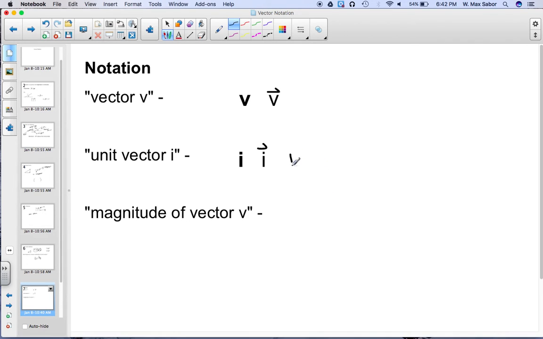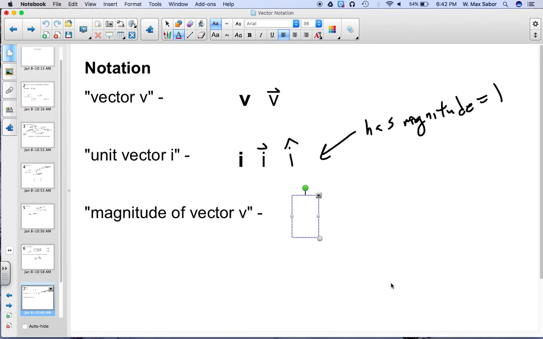The last way I already showed you was with a hat on top of it. This shows that it is definitely a unit vector, meaning that it has magnitude 1. And the magnitude of vector V, well, we will take whichever way you prefer writing V and put double parallel bars around it.